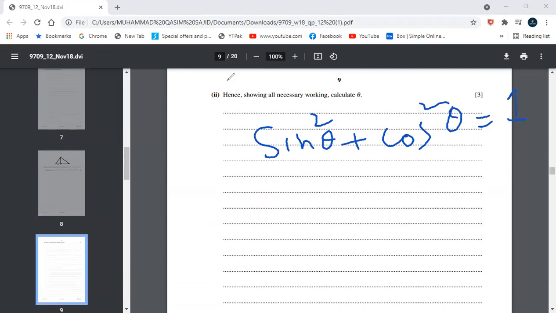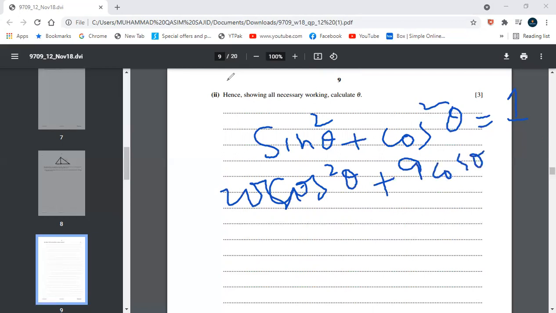So for this equation, it must be 20 cos square theta plus 9 cos theta minus 20 equals 0, just putting the value of sine square theta as 1 minus cos square theta.